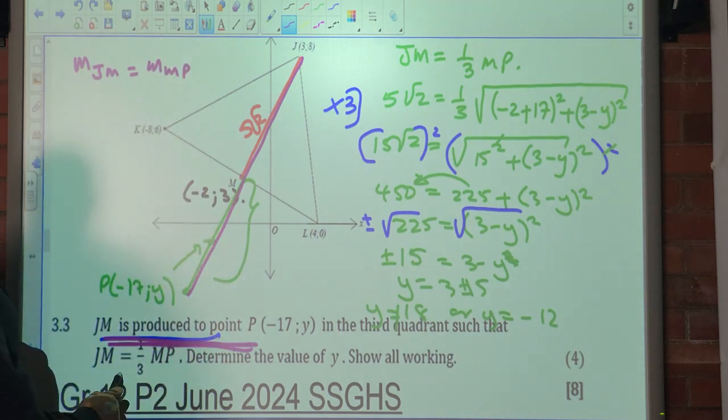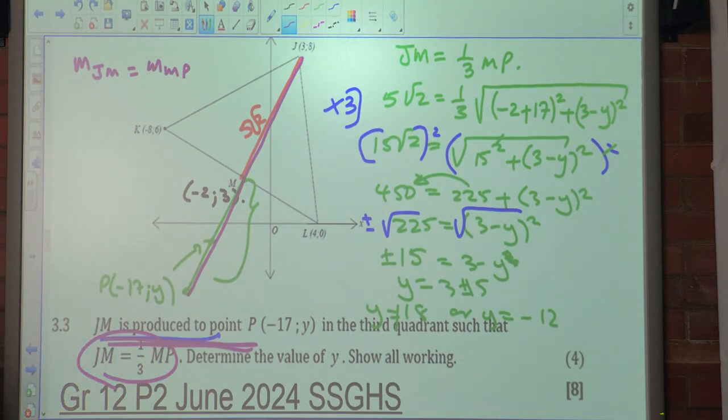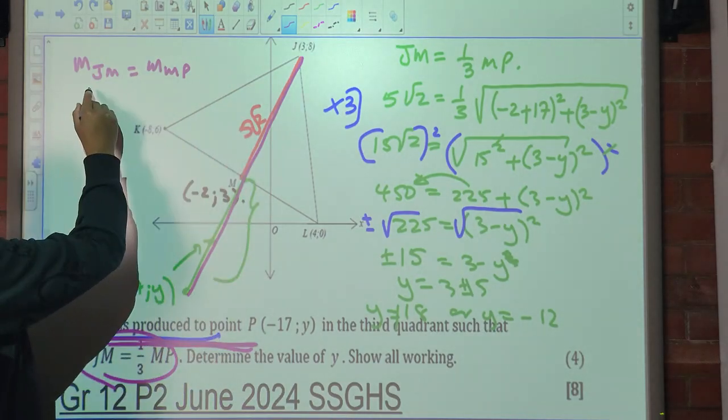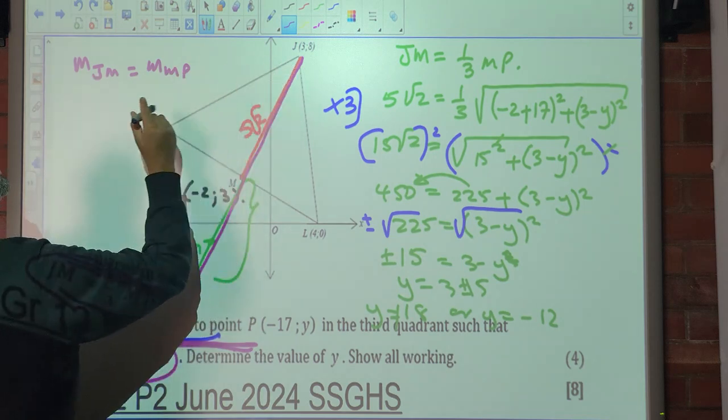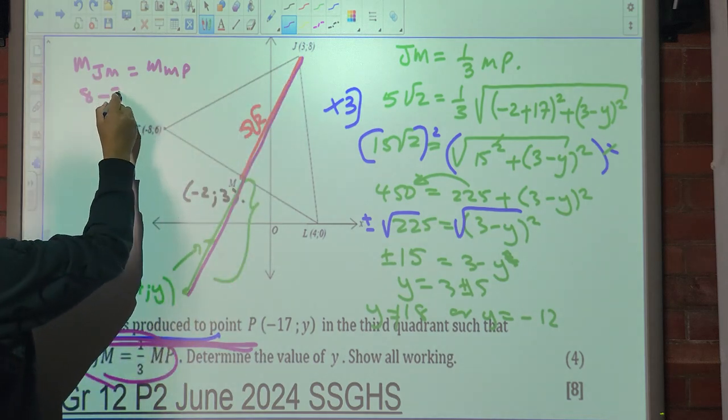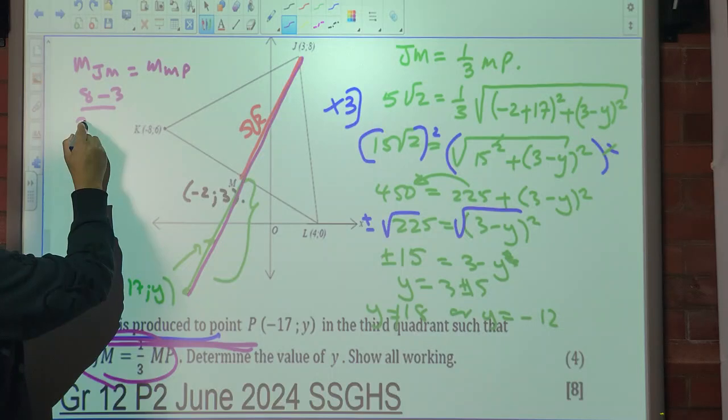So we don't actually need to use this unless the question specifies: using the information given, determine the value of y. Because if you look at it this way, it's change in y over change in x, so it's 8 minus 3 over 3 minus 2.